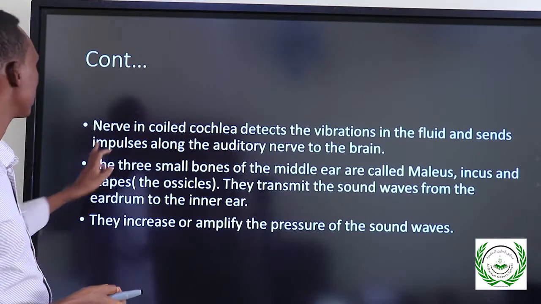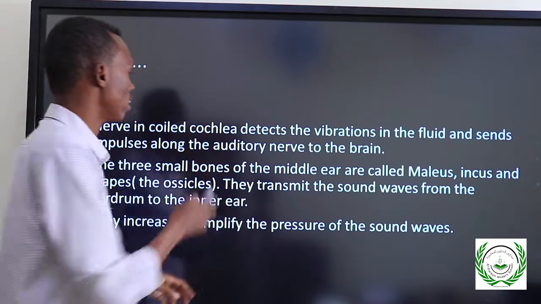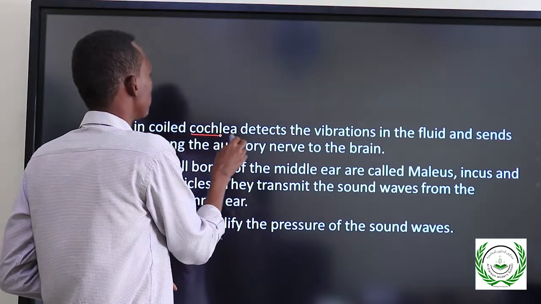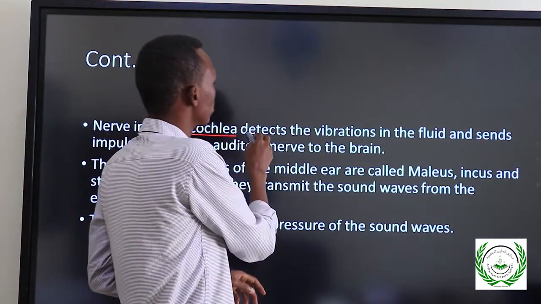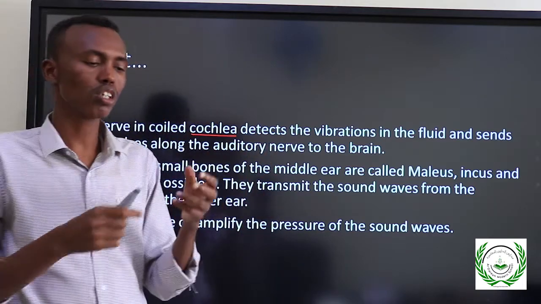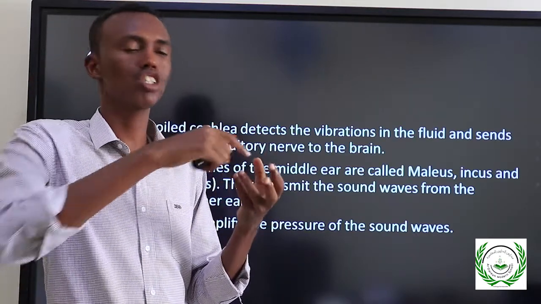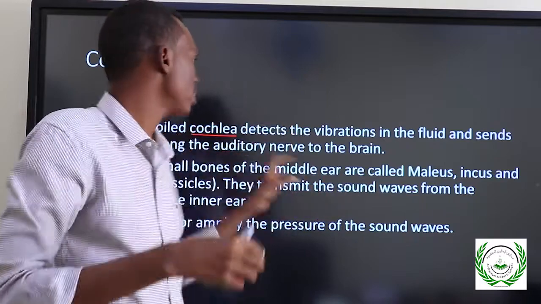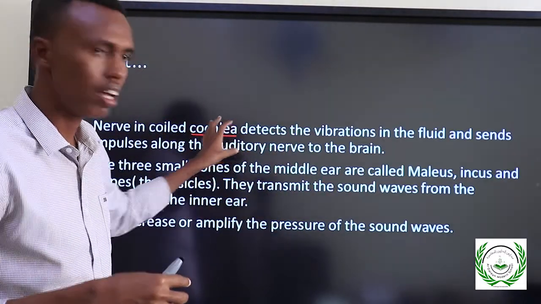After this, the nerve reaches the cochlea. The cochlea is another structure, which is coiled, and it is a part of the inner ear.